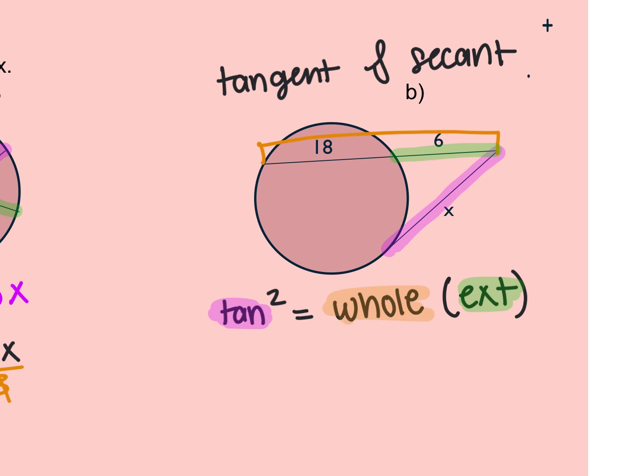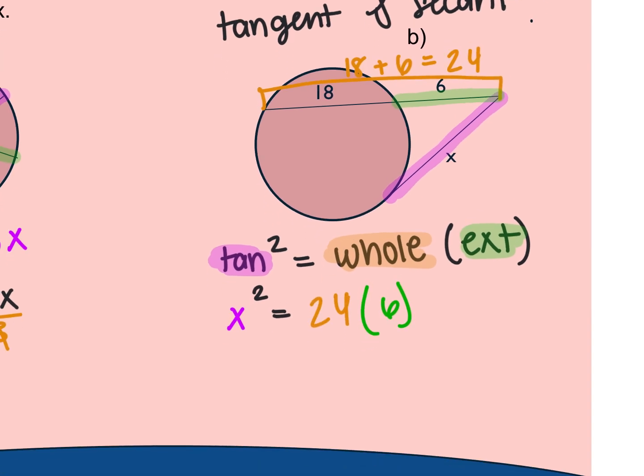So now I can just plug stuff in. What's my tangent? X squared equals, how would I find my whole? Good, you're adding them. 18 plus 6 would give me what? Good. I'm going to take 24 times 6.